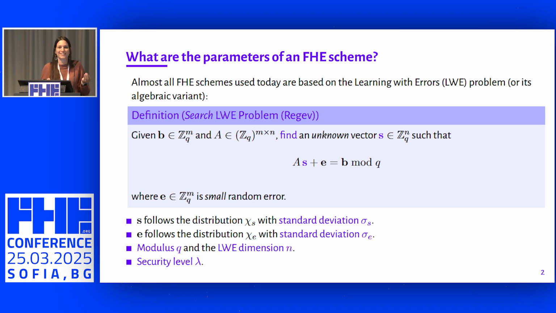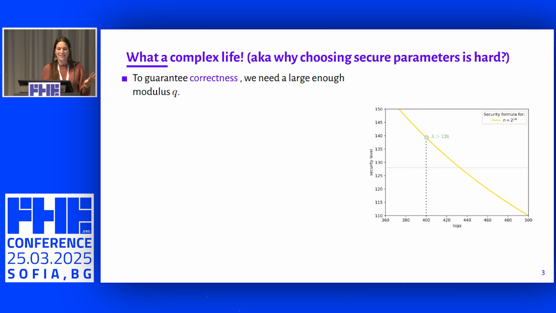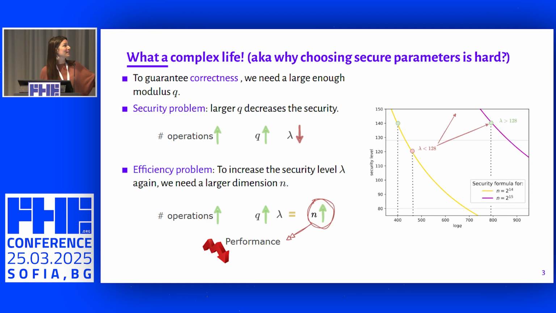So why is it complicated to find these 4 parameters? In an FHE scheme, we need the modulus Q big enough to allow a lot of homomorphic operations. But when I increase Q, the security decreases.